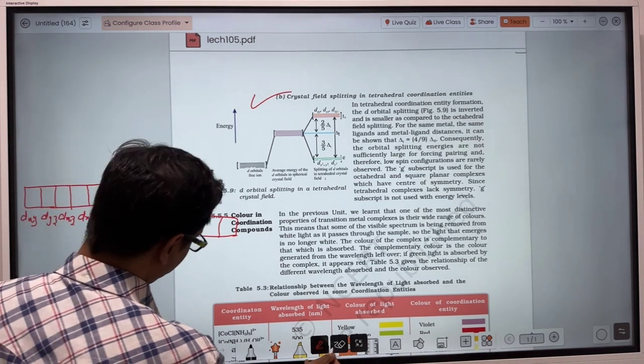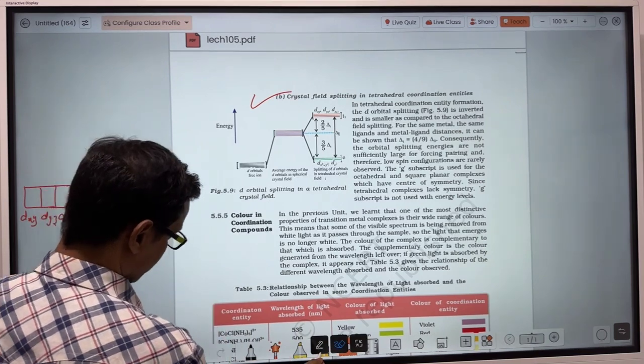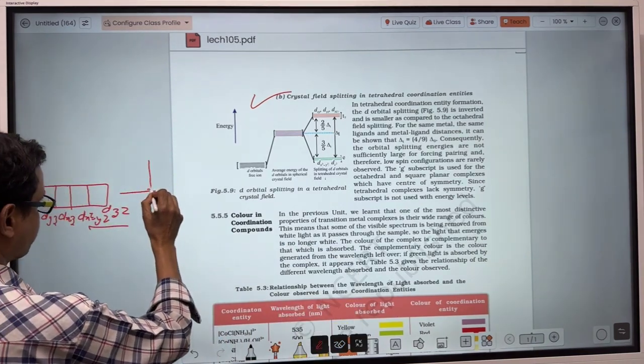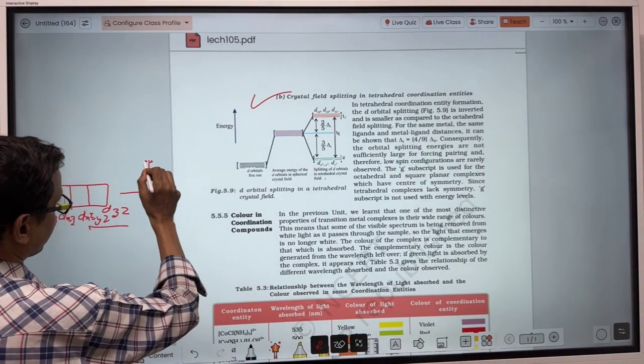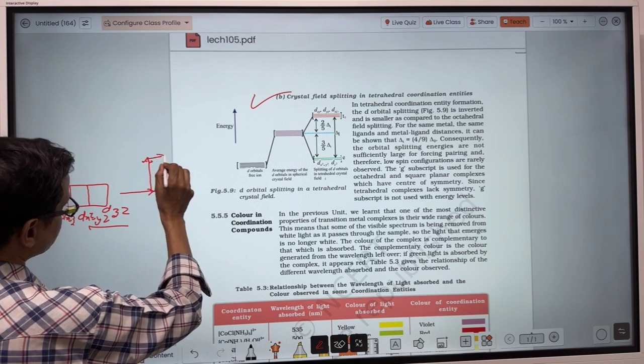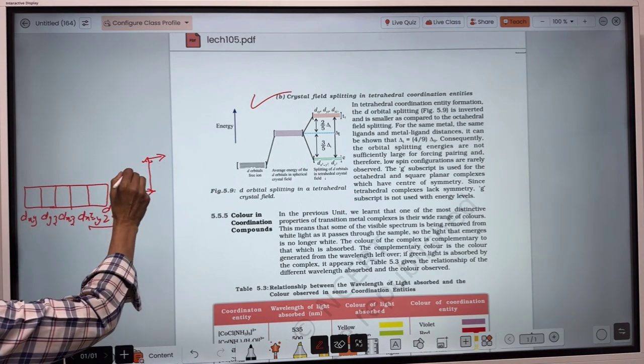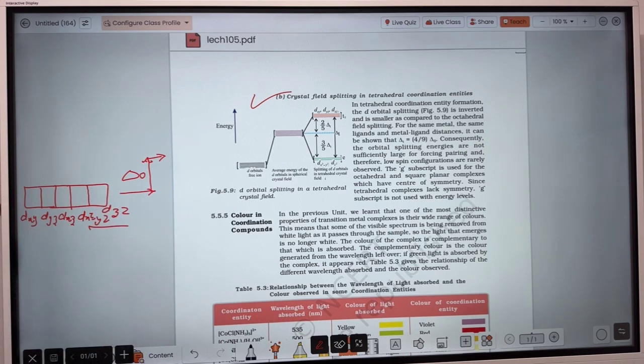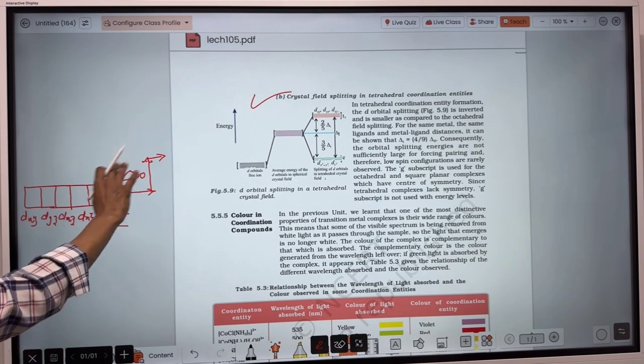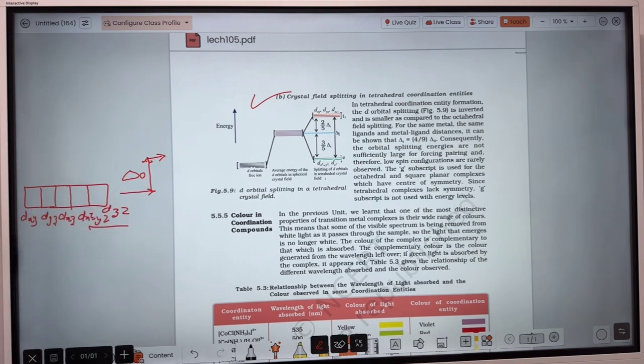Firstly, during the bond formation, the energy of these orbitals increases, and that is called delta O. Okay, during the bond formation, the energy of these orbitals increases by the value of delta O. O means octahedral.